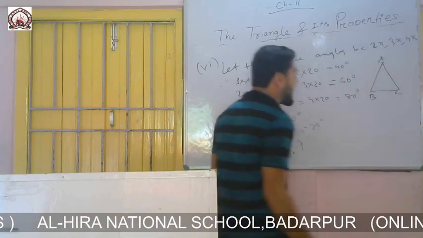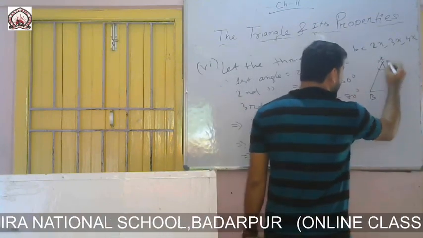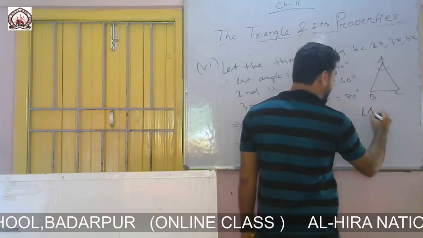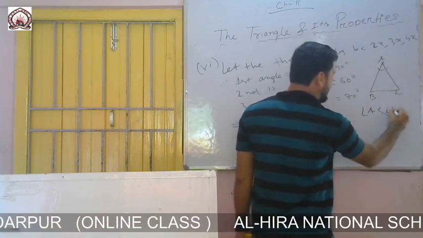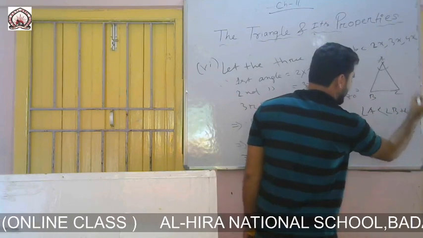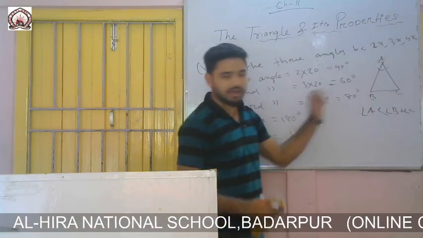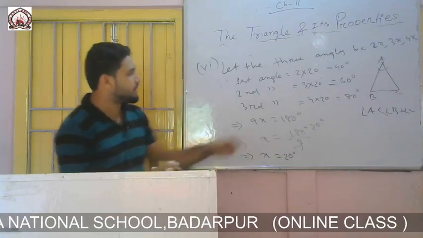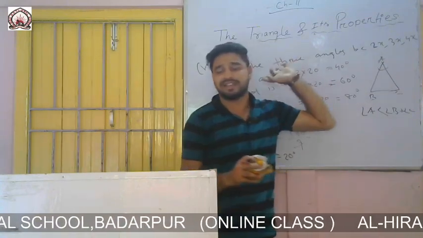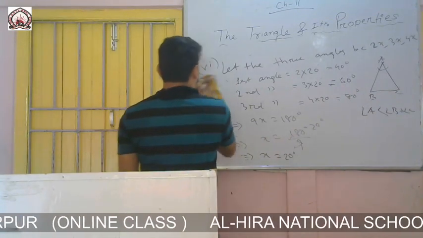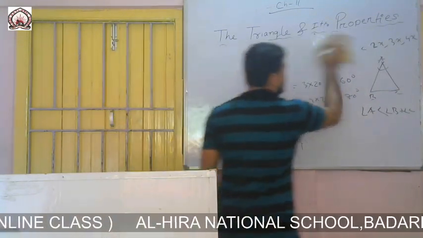That means we can write angle A is less than the sum of angle B and C. Then we have to show that the whole triangle is an acute angled triangle. So let's see how to solve.